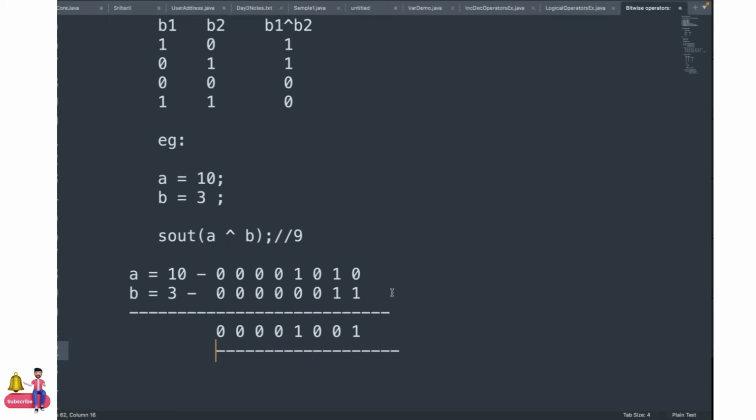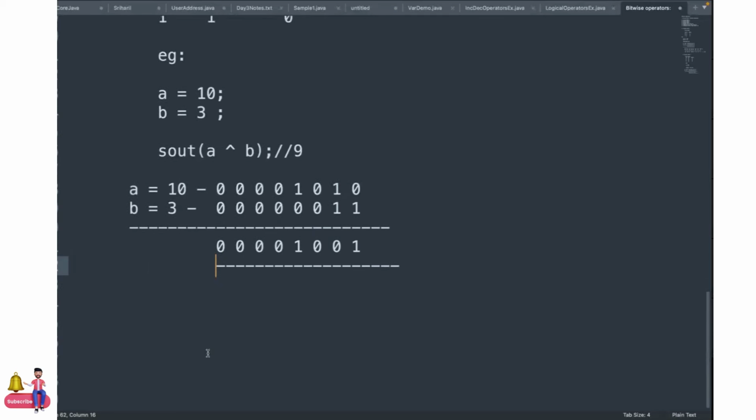Okay, now let's try to convert this particular binary representation to decimal. It should give us the value 9. So let's do it. How to put it? Let's start writing the powers of 2 here.